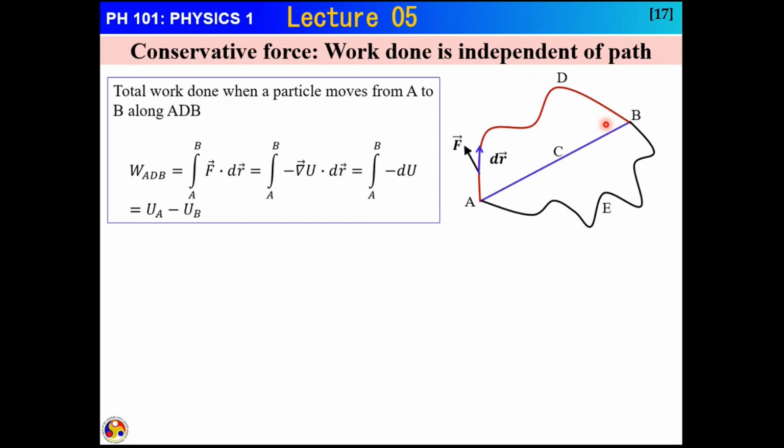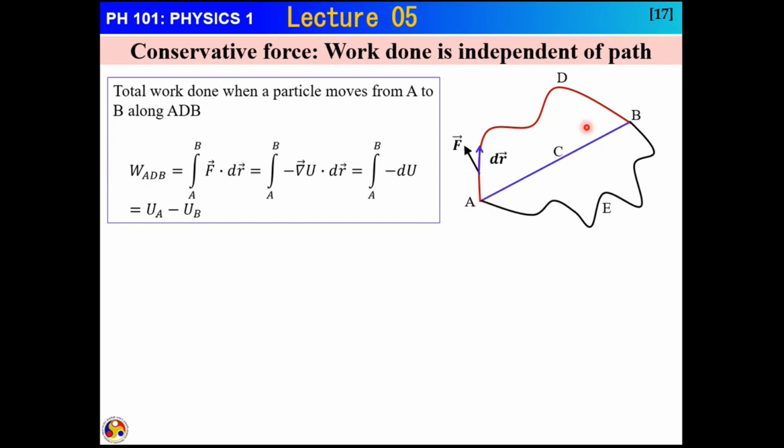Another interesting point for the conservative force is that the total work done from going from one position to another position doesn't depend upon the path you have chosen. Because you know that the work done for the conservative force only depends upon the potential energy difference between this and this, UA minus UB.